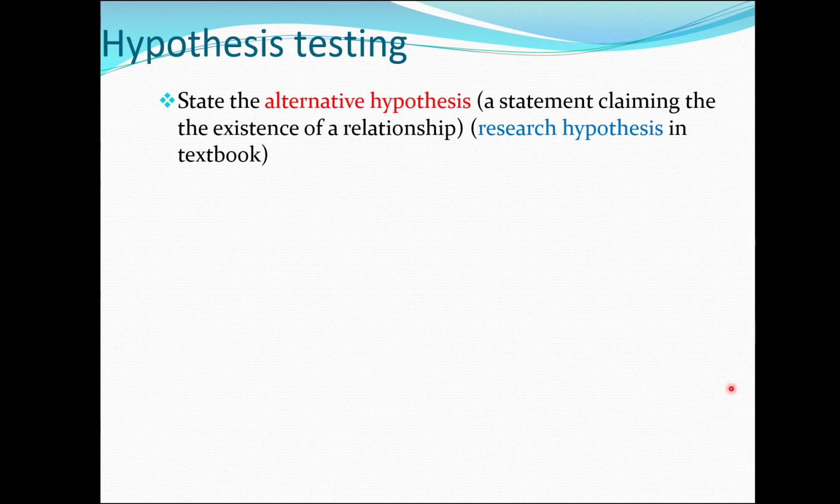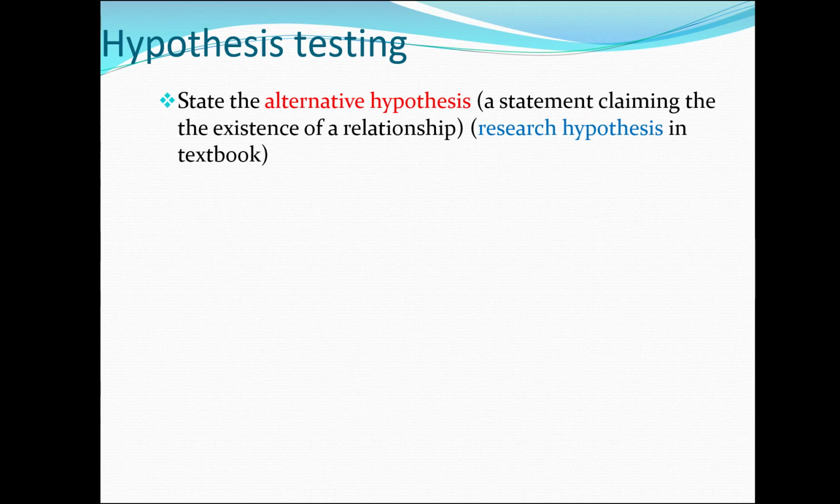In some textbooks, instead of using alternative hypothesis, they use research hypothesis, and this is the term used in our textbook. But no matter whether they use alternative hypothesis or research hypothesis, you know it means the opposite of your null hypothesis. There is something.